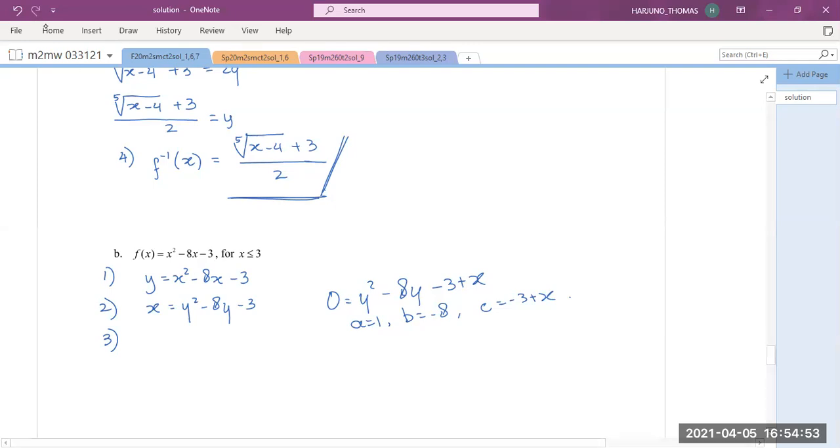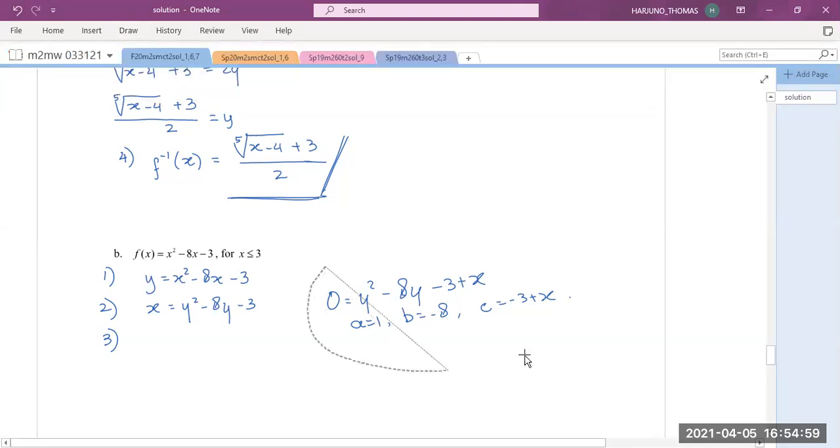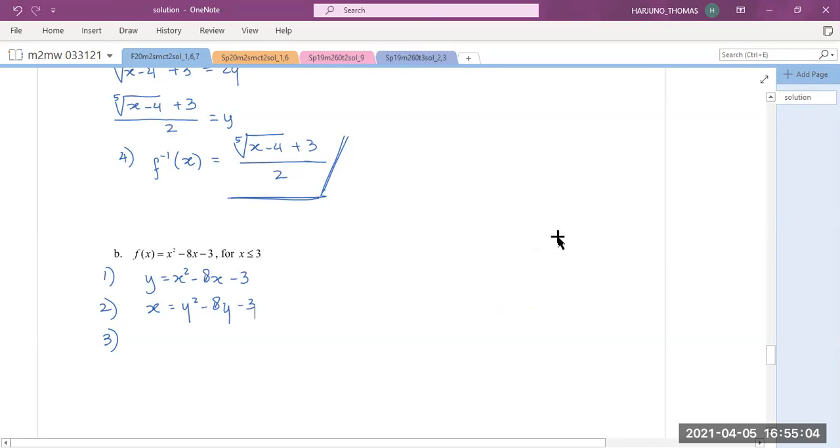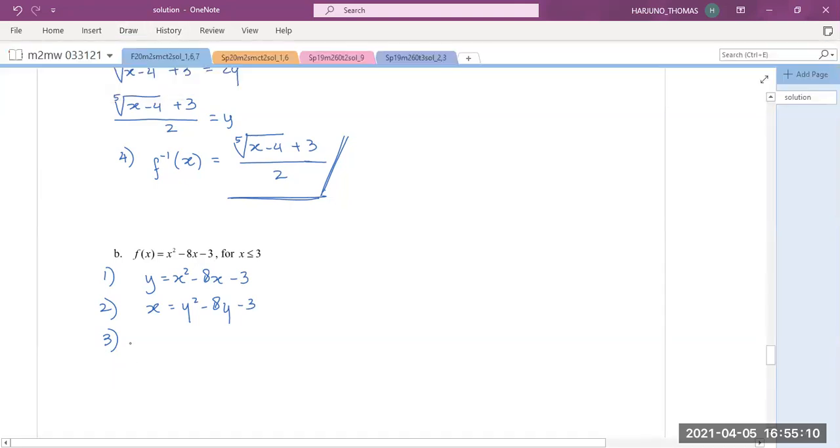But I think here I will use the completing the square method instead, because the leading coefficient of y squared is 1. And the coefficient of the y is even. So I will just do completing the square. So y plus 3 equals to y squared minus 8y.